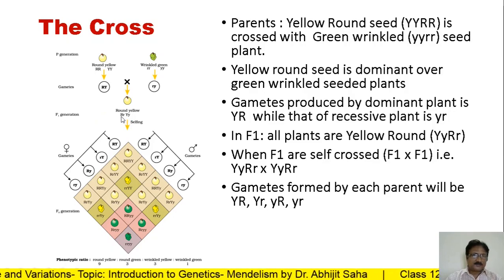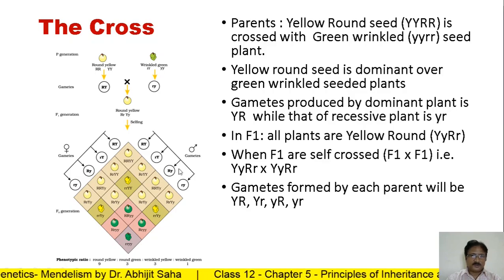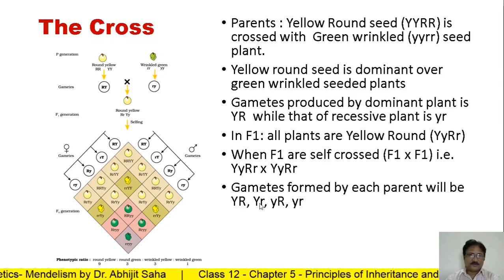When gamete formation takes place, capital R may go with capital Y, capital R may go with small y, small r may go with capital Y, and small r may go with small y. So these are the four different types of gametes which can be formed.